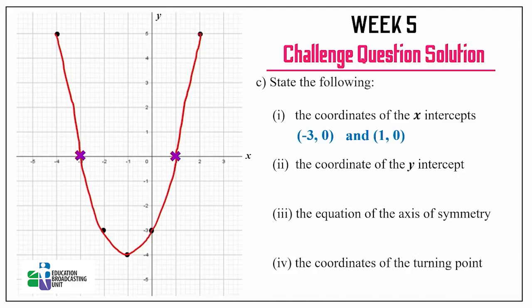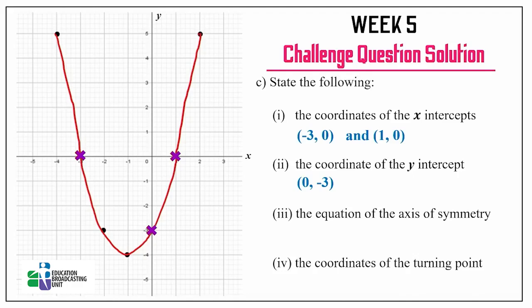And so, of course, that is where our graph cuts the y-axis, which happens in this location here. And so that is going to be 0 on the x and negative 3 on the y, which therefore means our coordinate is 0, negative 3.